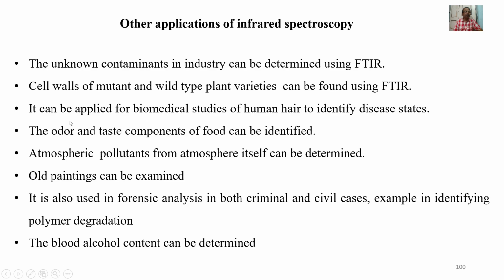The odor and taste components of food can be identified. Atmospheric pollutants from the atmosphere itself can be determined. Old paintings can be examined. It is also used in forensic analysis in both criminal and civil cases, for example, in identifying polymer degradation. The blood alcohol content can be determined.